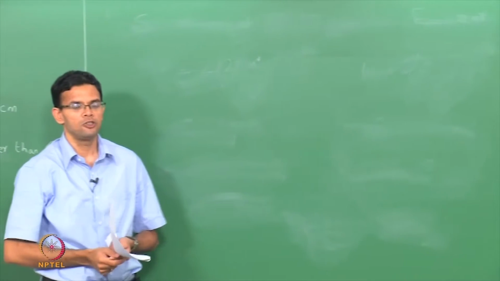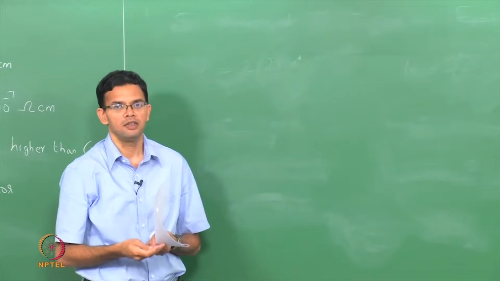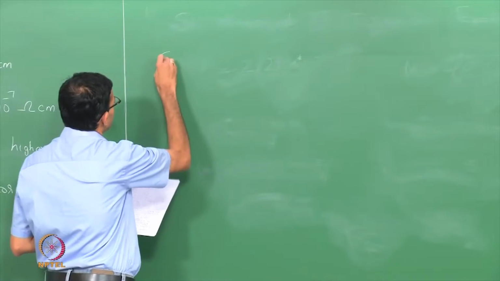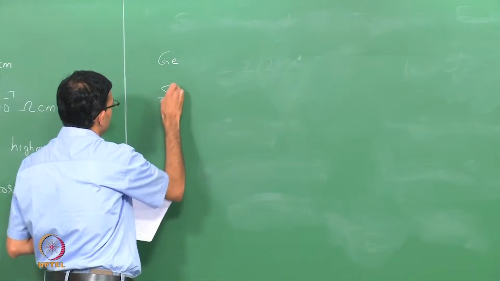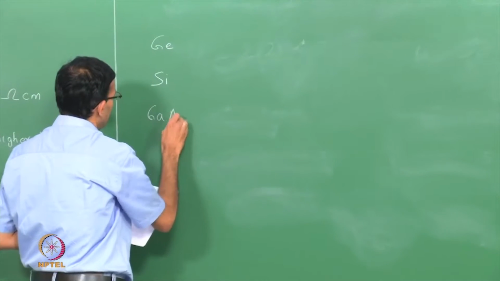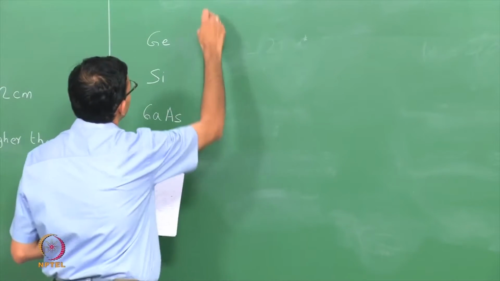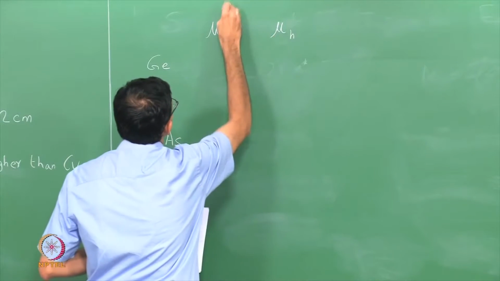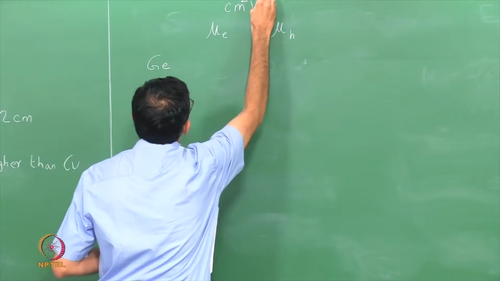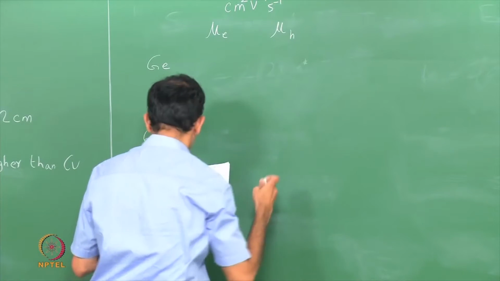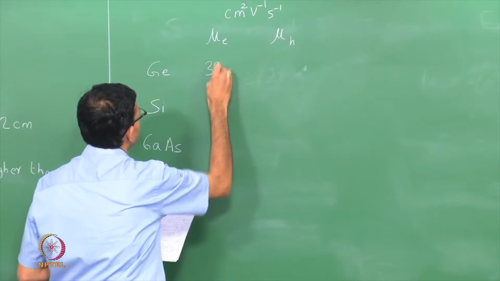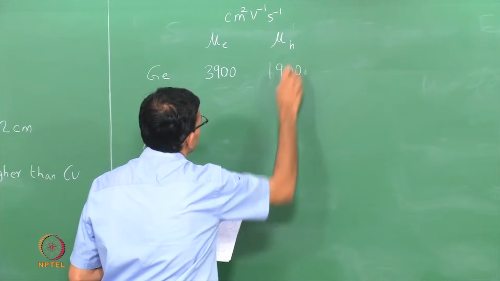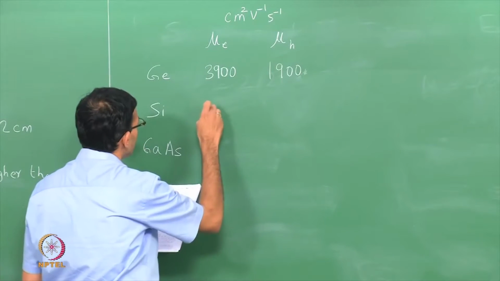Last class we also looked at the comparison of silicon with other semiconductors based on mobility. So, we have 3 semiconductors we looked at: germanium, silicon and gallium arsenide. Let me write down their mobility values mu E and mu H. The units will be in centimeter square per volt per second. Germanium is 3900 for electrons, 1900 for the holes.